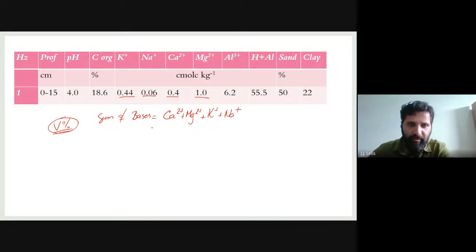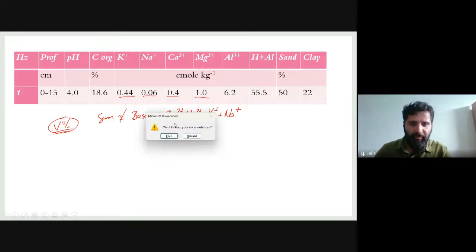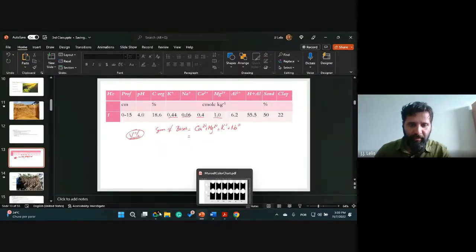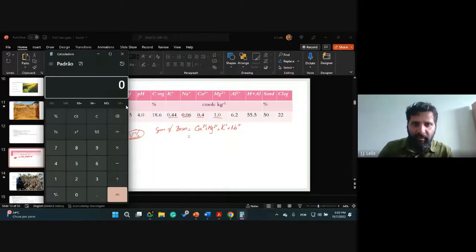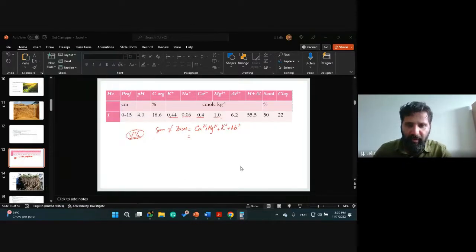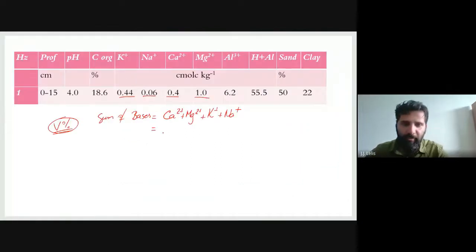In this case, let me calculate this, just a moment, it's 0.44 plus 0.0604 and 1. We have only 1.45. It's not a high content of bases.